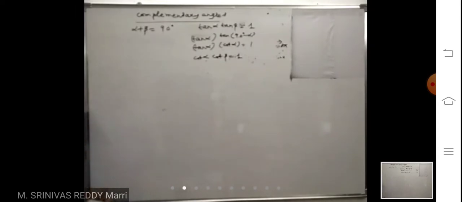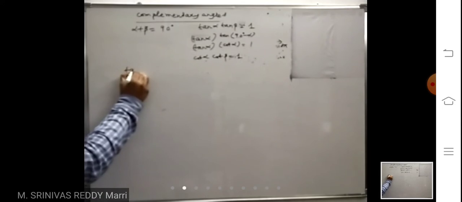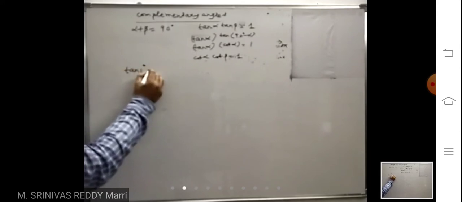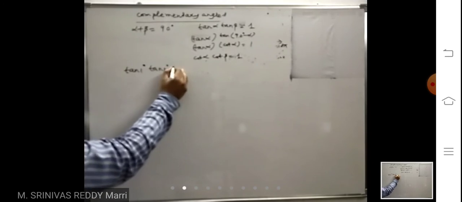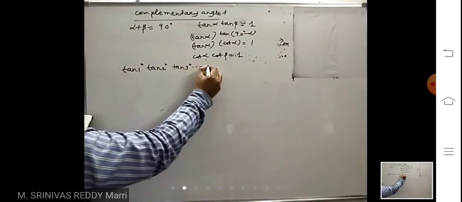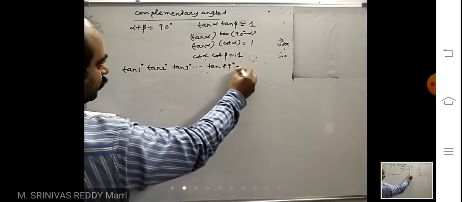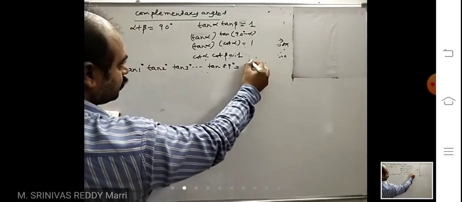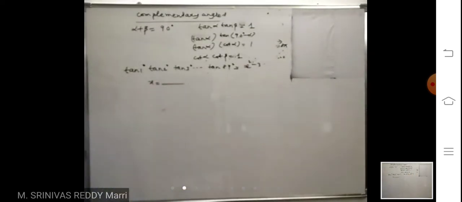Suppose for example, this is given x square minus 3 x equal to dash.